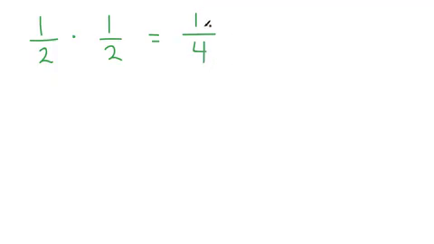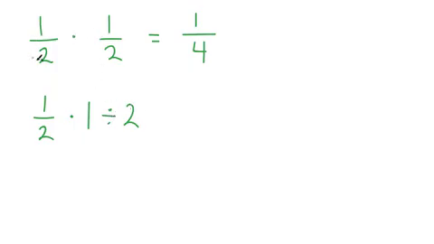So 1/4. Remember, a fraction actually indicates division. So 1/2 times 1/2 is really the same as 1/2 times 1 divided by 2, because 1/2 is the same as 1 divided by 2.